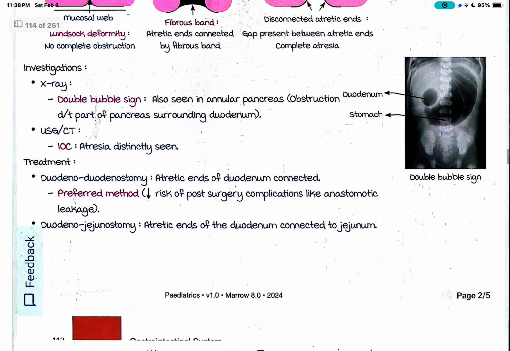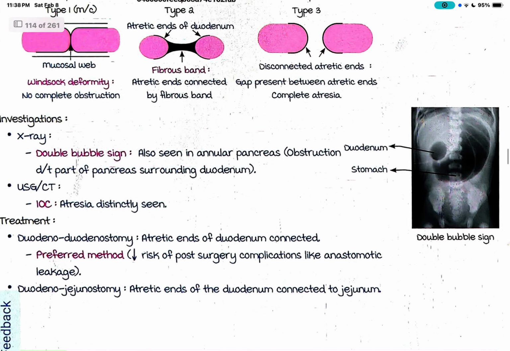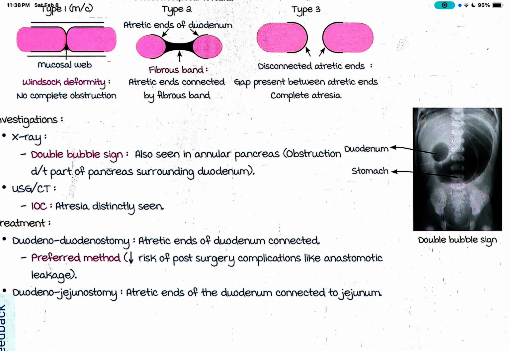Now investigations. On X-ray you see the double bubble sign, also seen in annular pancreas, which is obstruction due to part of the pancreas surrounding the duodenum.